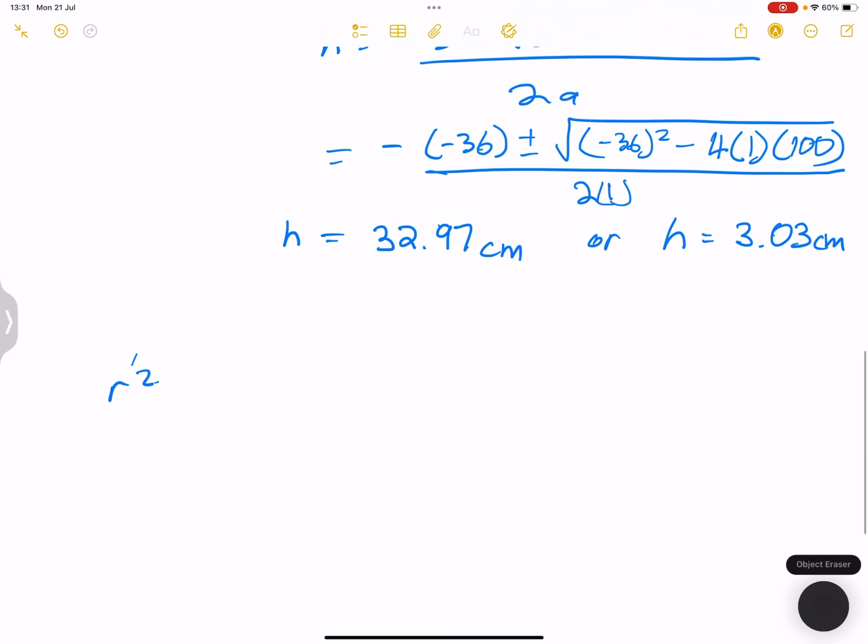So r squared is equal to 10 squared plus 18 minus h squared. Right, and what do I know? This value here is 18. Okay, so 18 squared minus 10 squared.